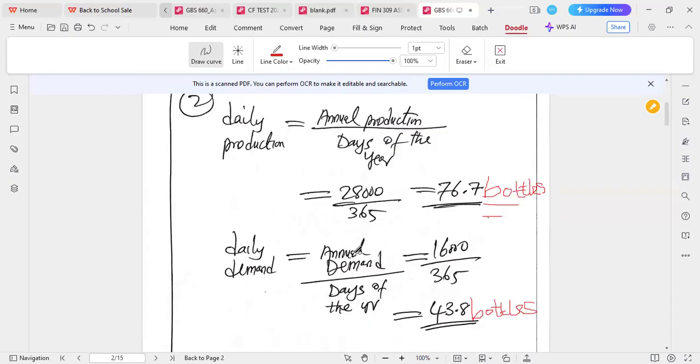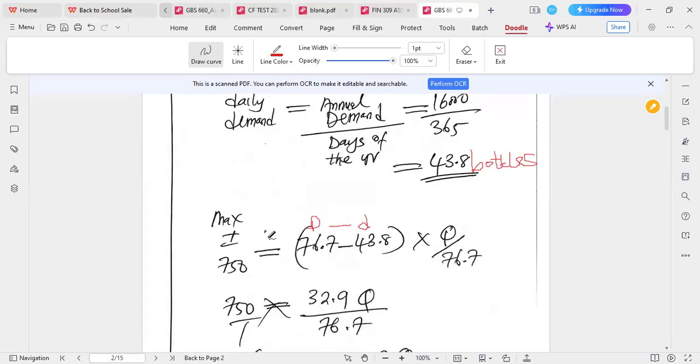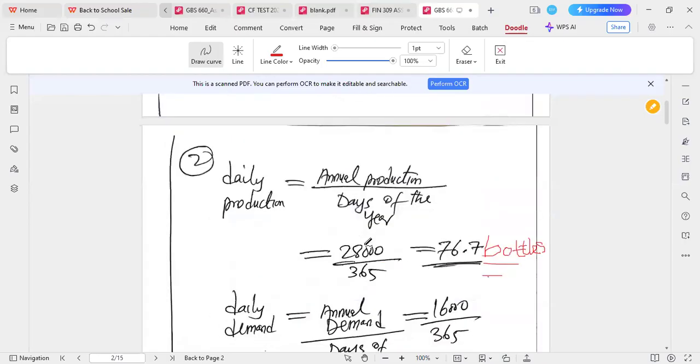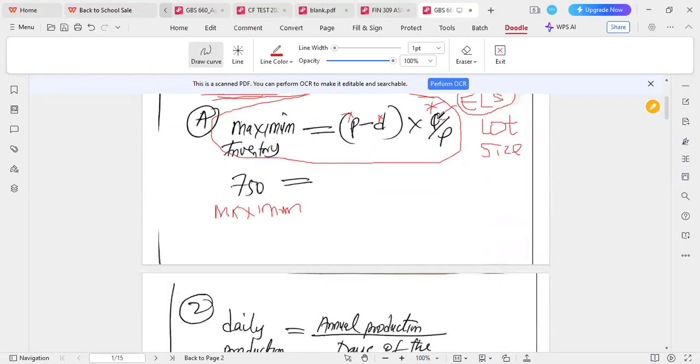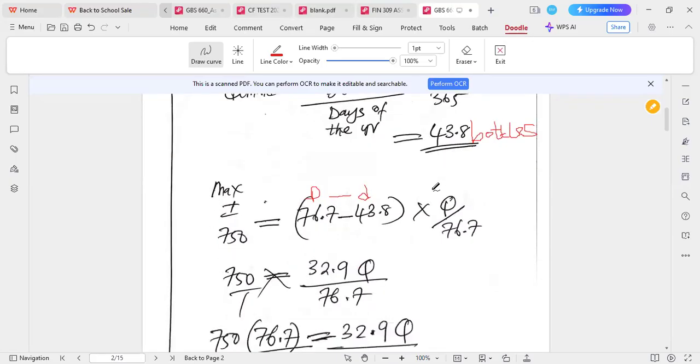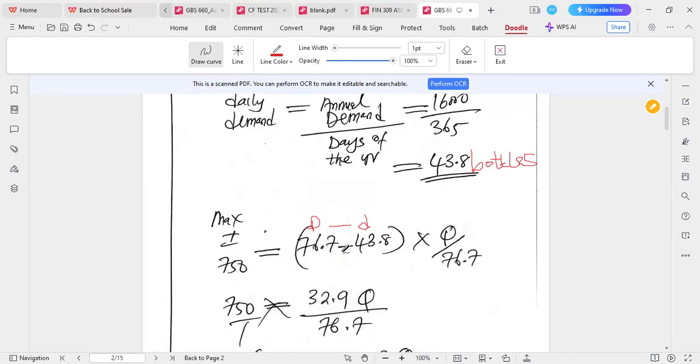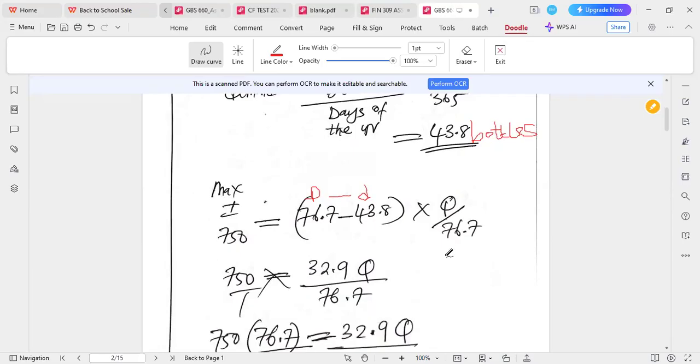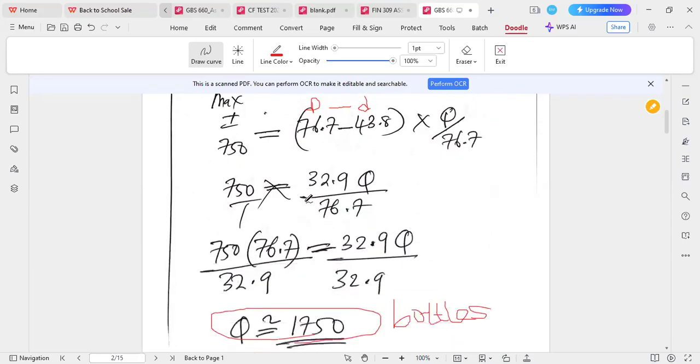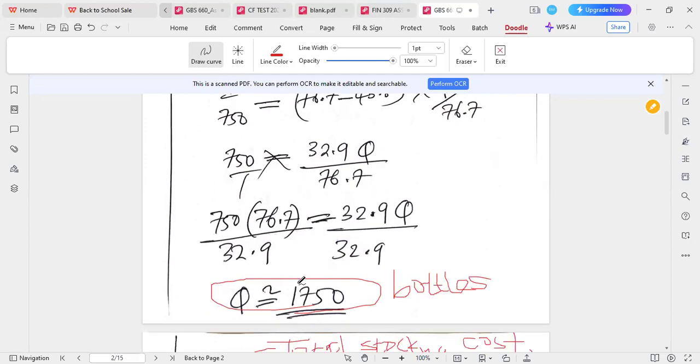Daily demand is annual demand divided by days of the year: 16,000 divided by 365, which gives 43.8. Substituting in the maximum inventory formula above to find the value of Q, and cross multiplying, we get Q as approximately 1,750 bottles.